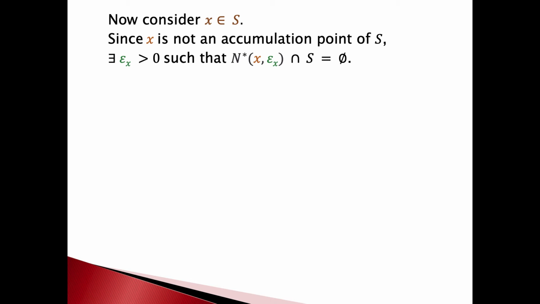The negation will be there exists an epsilon, and I'll write epsilon sub x so I know which epsilon I'm talking about. It's the one that goes with this x. There is an epsilon sub x so that the deleted neighborhood around x with radius epsilon sub x doesn't contain any points of S, which means I could intersect it and get the empty set. That's another way of writing that.